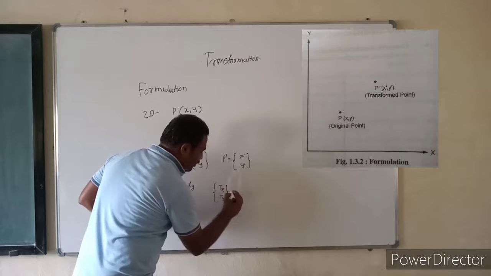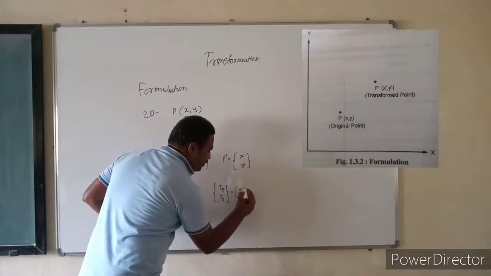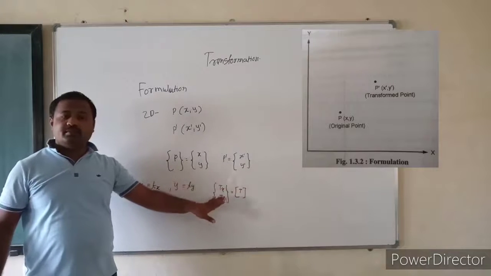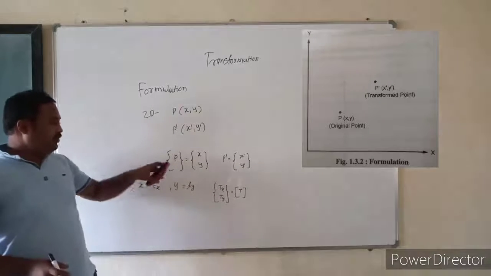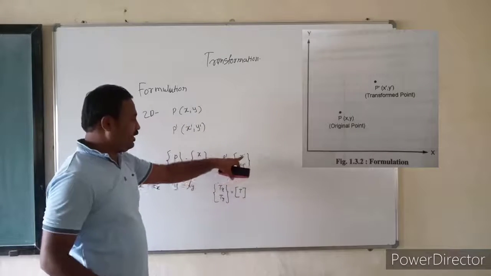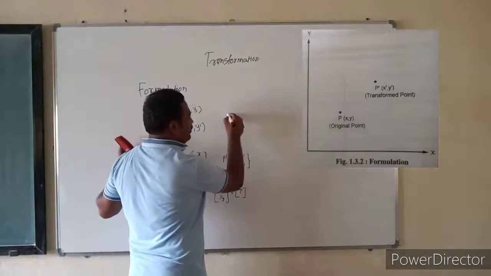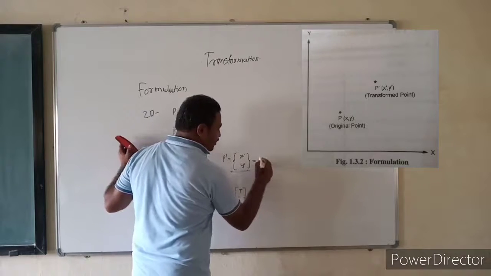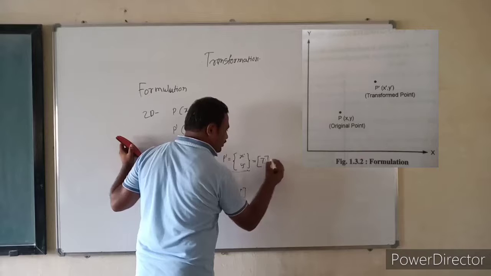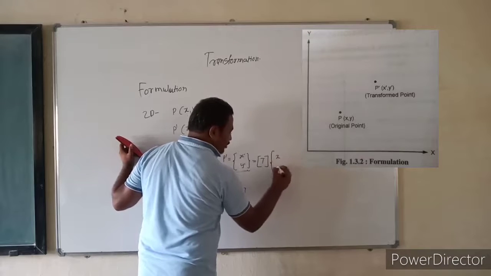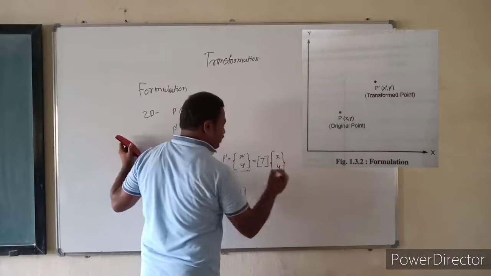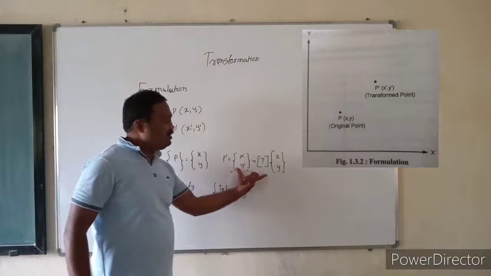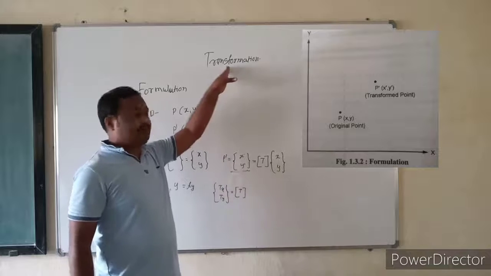It is called a transformation matrix. For finding the value of x dash, y dash, it is equal to the transformation matrix into x and y. Then we will get the value of x dash, y dash. This is the formulation of transformation.